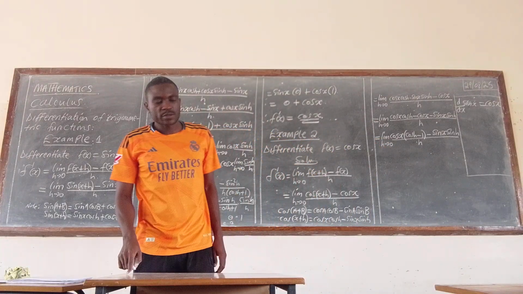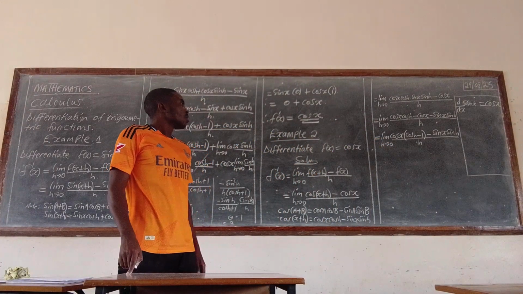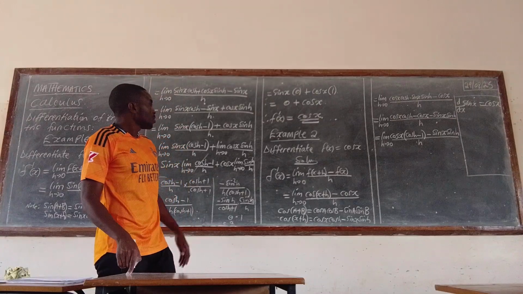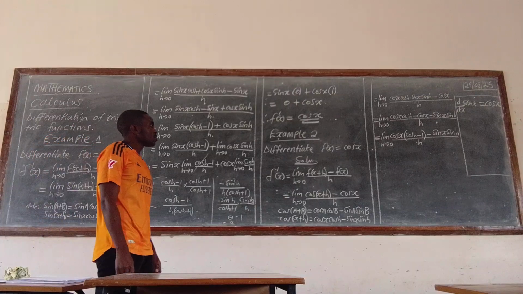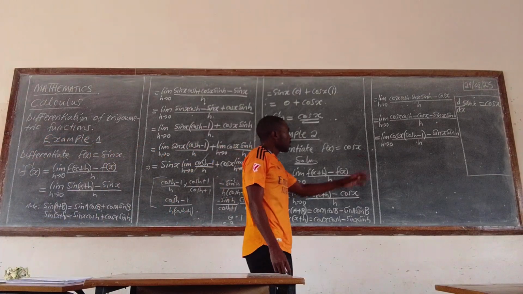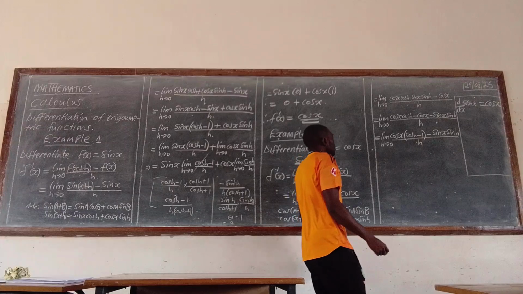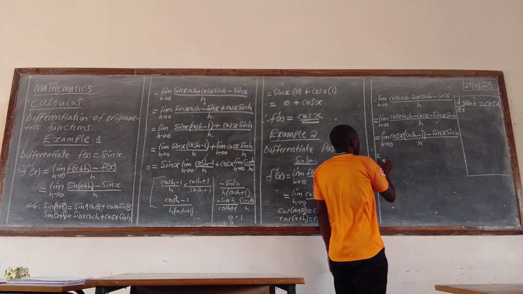Now from here, what next? As we did to the previous one, we separate the limits, because we have two functions now, so the limit can also be shared.